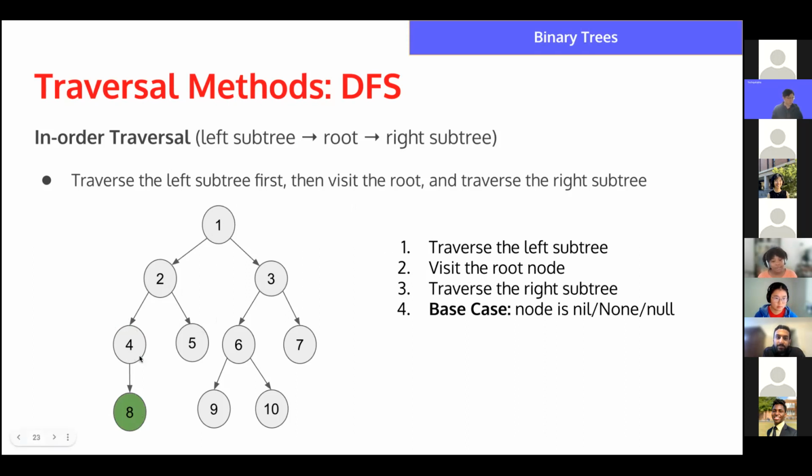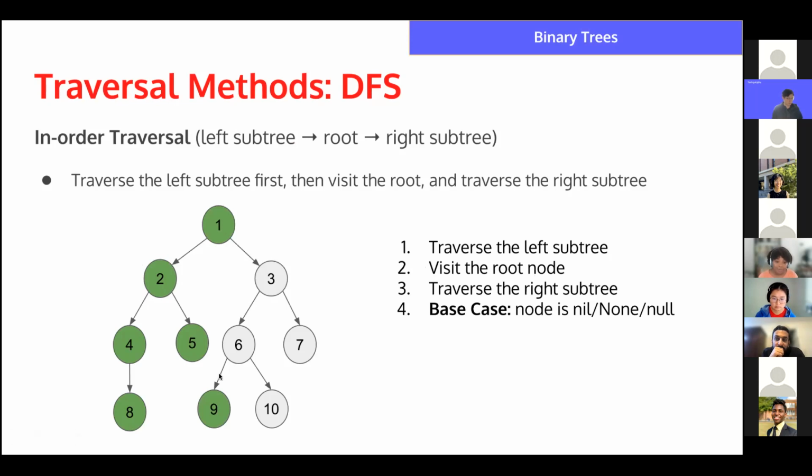We backtrack and visit 4 because it doesn't have a right subtree, and we add 4 to our output. We backtrack and visit 2 because we're visiting that node after its left, but before its right. We add 5 to our output.